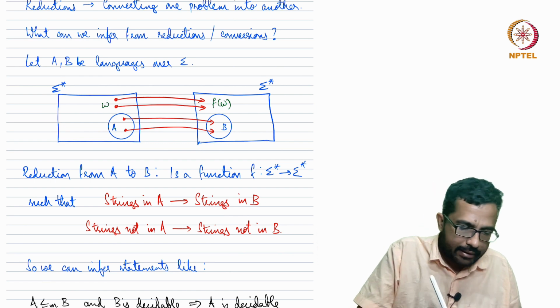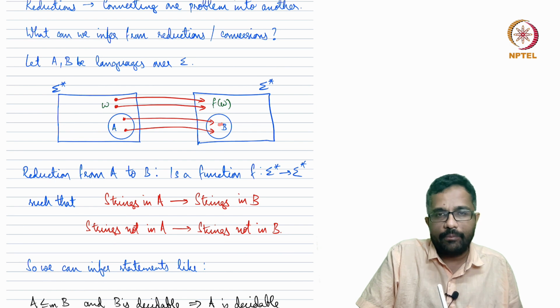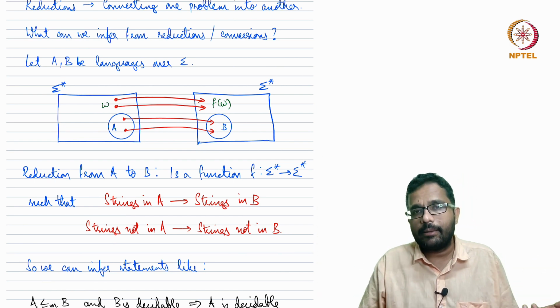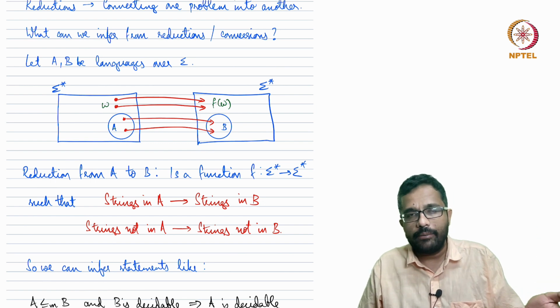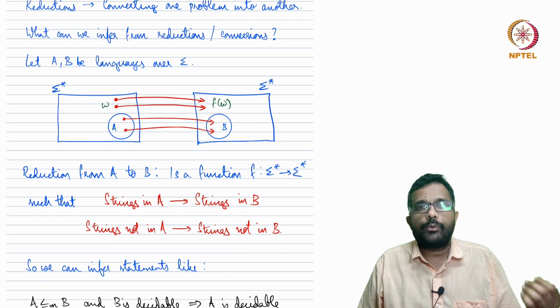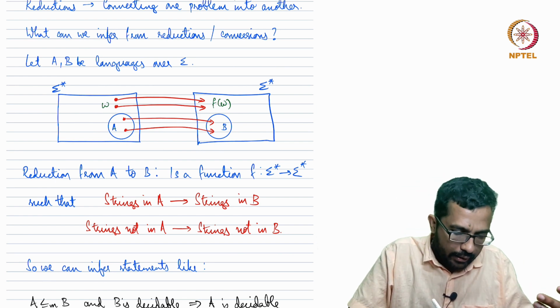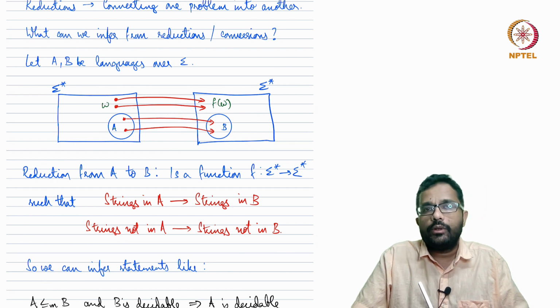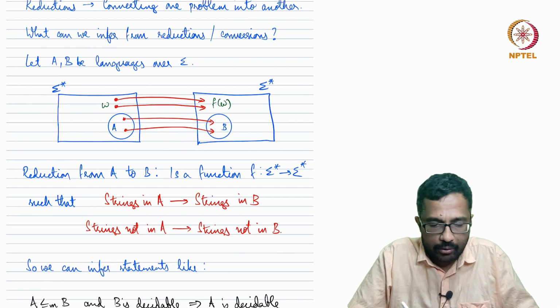Now let's say we check the mapped instance and we get that it is in B, but we cannot infer anything about where it came from, because it could have been a w that is in A and got mapped to B, or it could have been a w that was not in A and got mapped to B, right? So it is important that this kind of mapping is not there. Every w that is not in A should get mapped to something not in B.